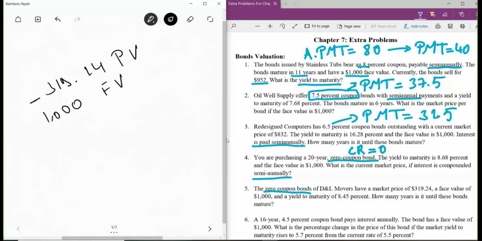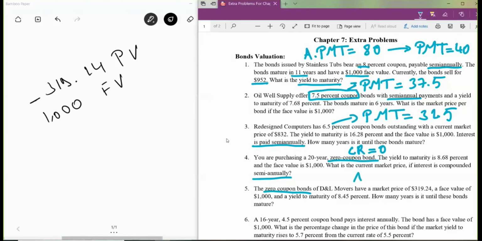The yield is 8.45%. How many years is it until these bonds mature? Here we didn't mention anything about the compounding. And because we do not have any payments whatsoever, in this case, this is a case of annual compounding.